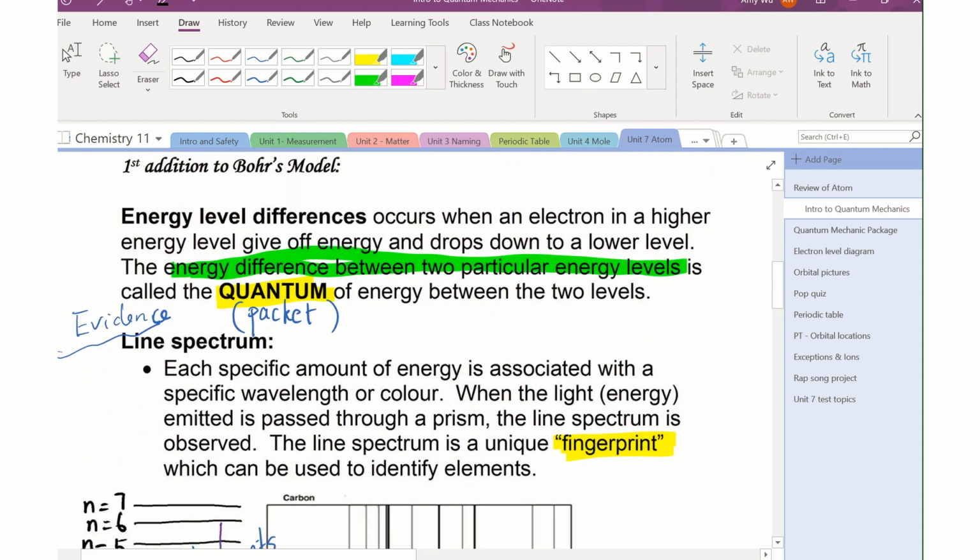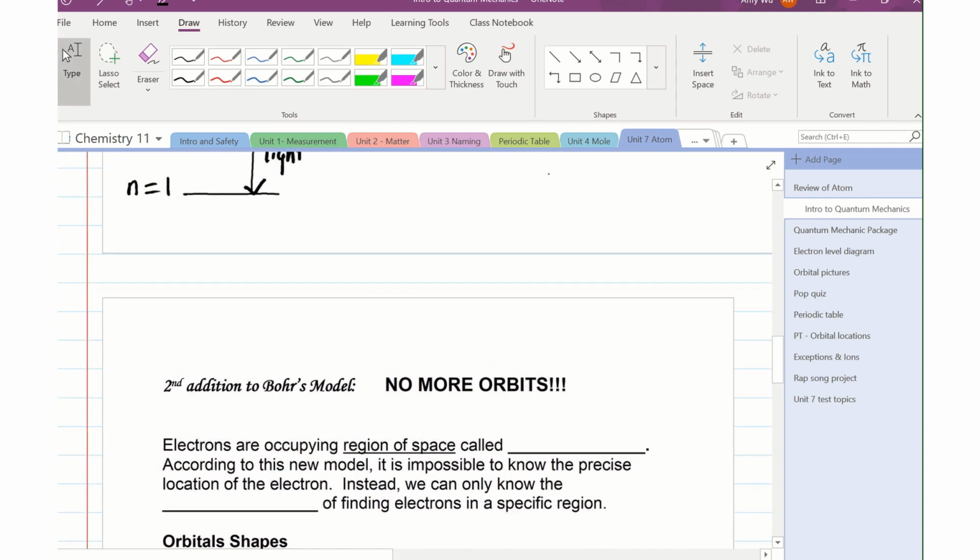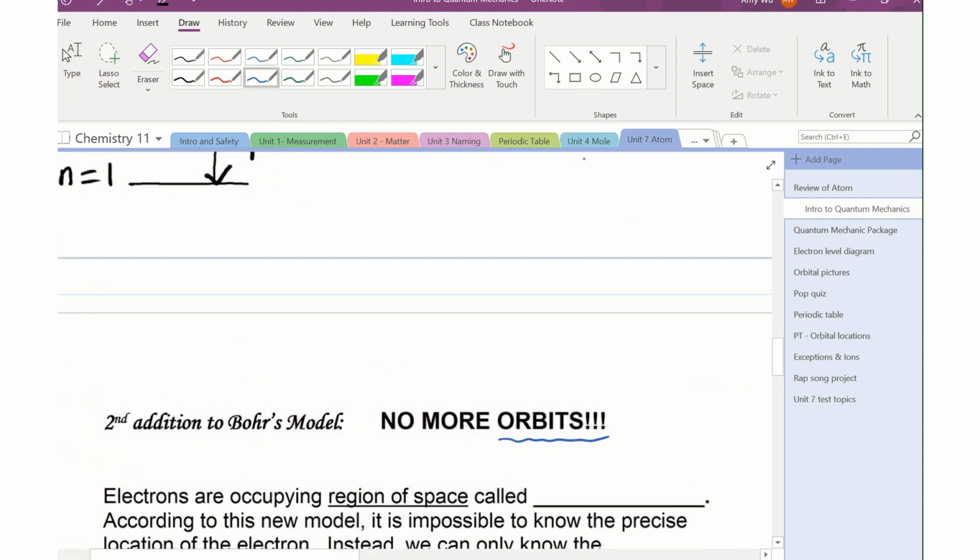Now, the second thing is instead of orbits. You know how we think of the Bohr's model like the solar system, with different planets going around the sun. So that's like the nucleus, and it's everything. It's two-dimensional. For the newest model, the currently accepted model of the atom, we don't think of electrons circulating in orbits. It's not a plane, it's not a two-dimensional plane.